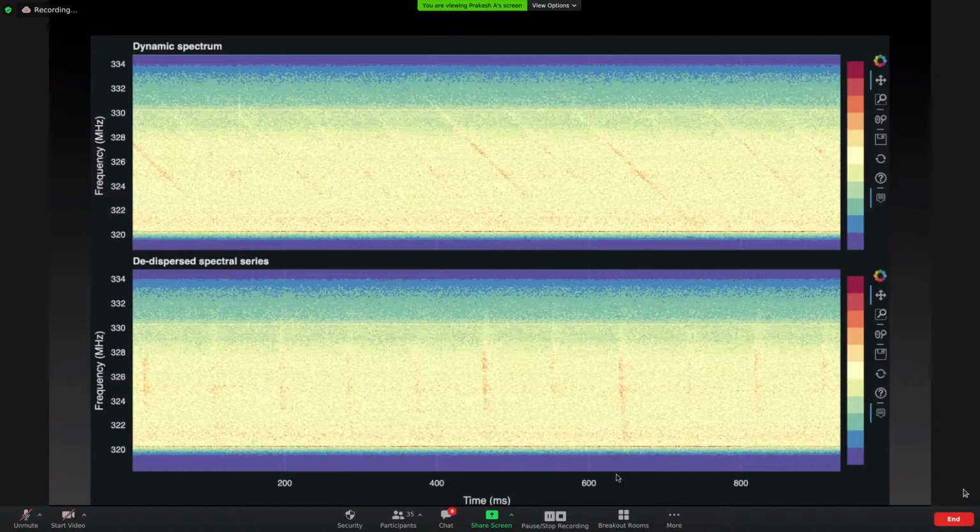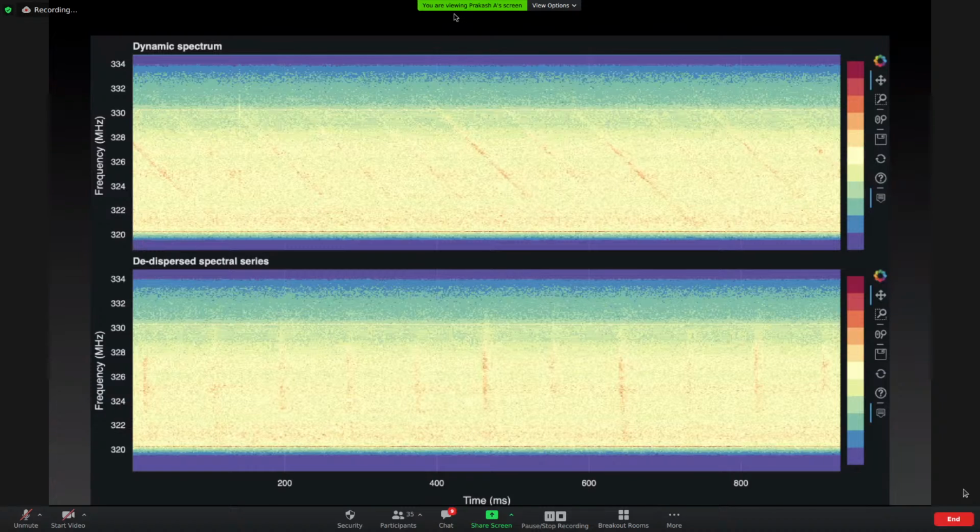Since we are not working in absolute time units, this is fine. We are not concerned about when the pulse arrives on an absolute scale. We are just interested in the relative time scales of when the pulse arrives at different frequencies. So you'll see that this is exactly what has been done with respect to the central frequency. The rest of the signals are aligned.